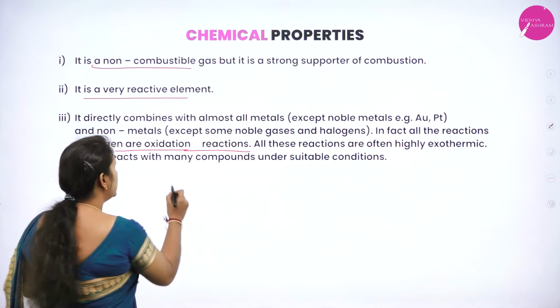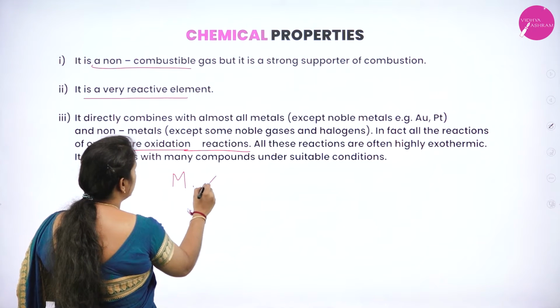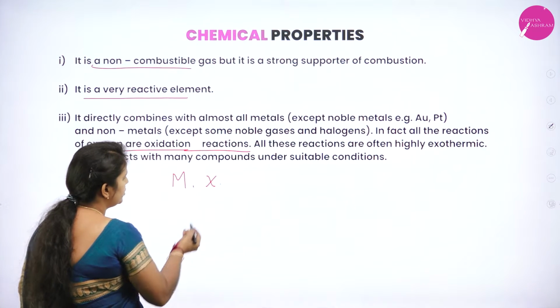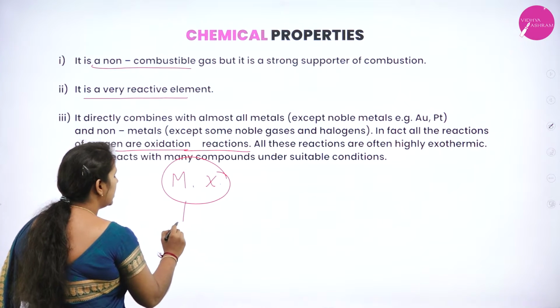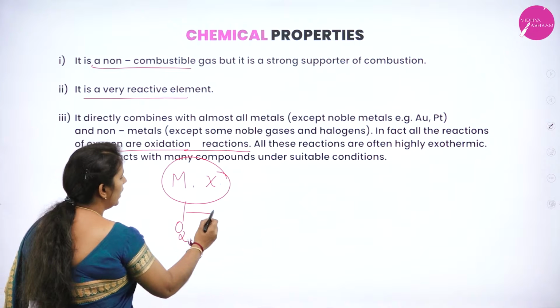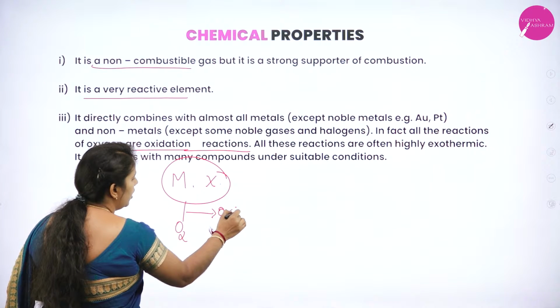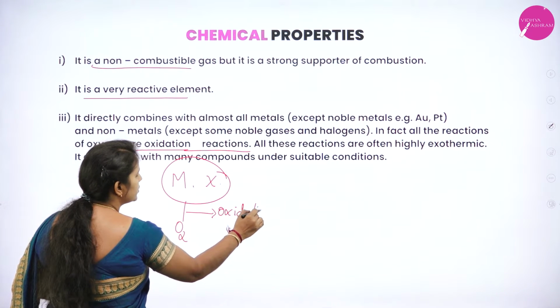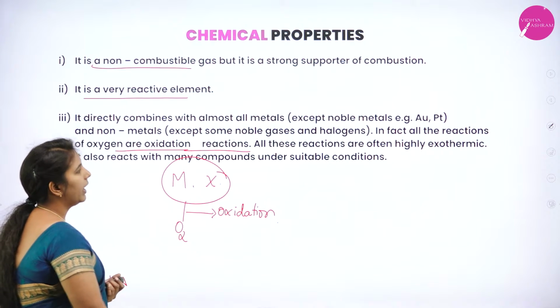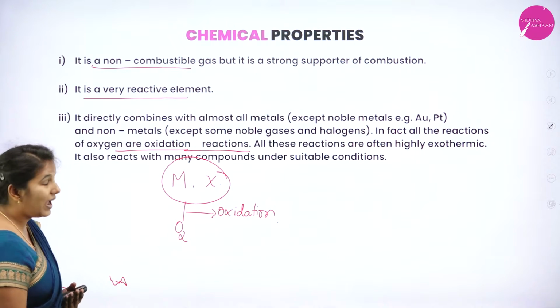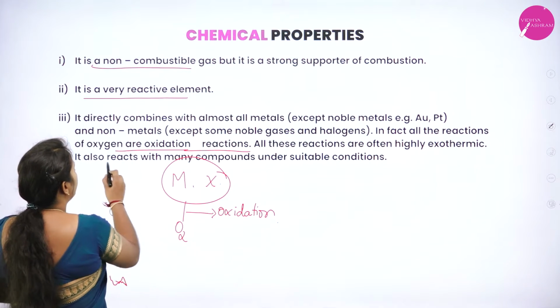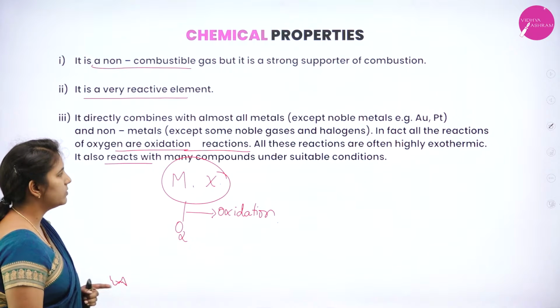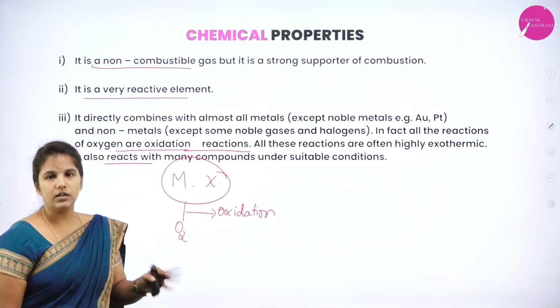It is highly reactive in nature and it directly combines with almost all the metals and non-metals. If you consider metals, non-metals and halogens reacting with oxygen, all these reactions are usually oxidation reactions, and all these reactions are highly exothermic. It also reacts with many compounds under suitable conditions.